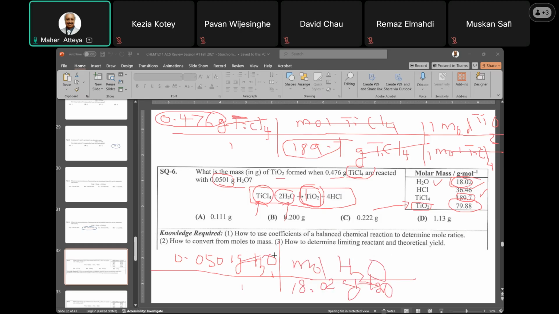Okay, guys, the grams cancel out. Now I have to look into the equation. I have one mole of my product, TiO2, the stoichiometric coefficient is 1. And the H2O is 2. So 2 moles of H2O give 1 mole of TiO2.